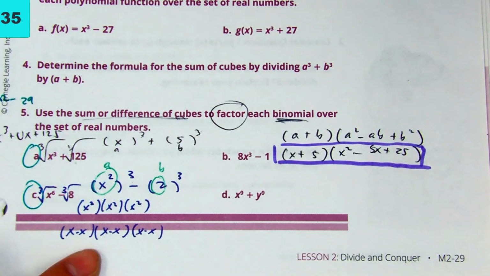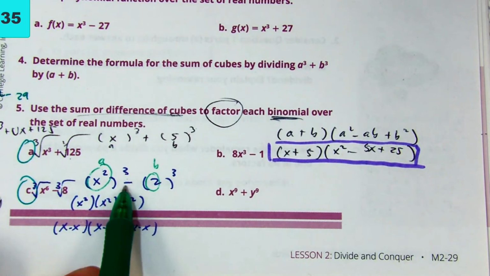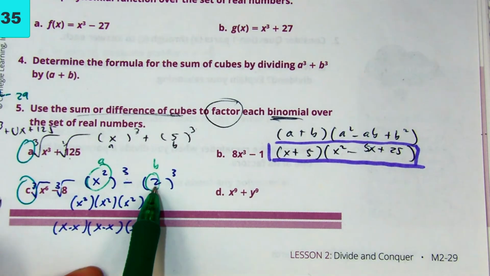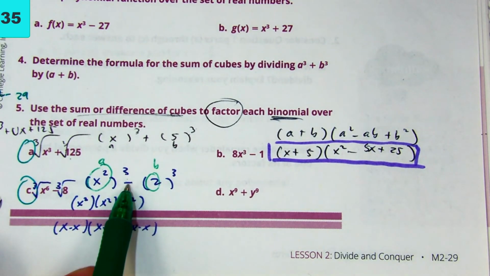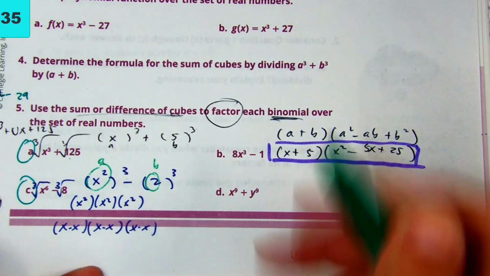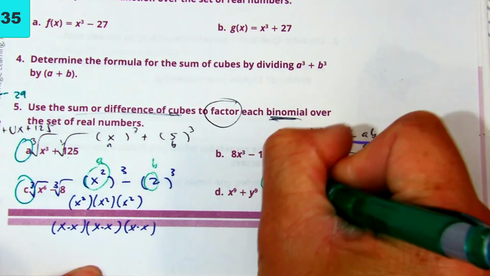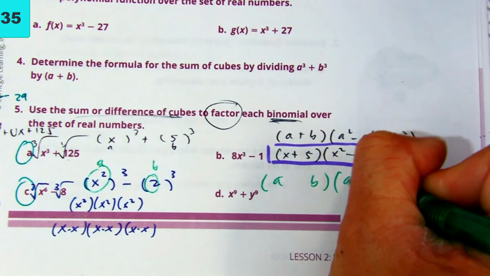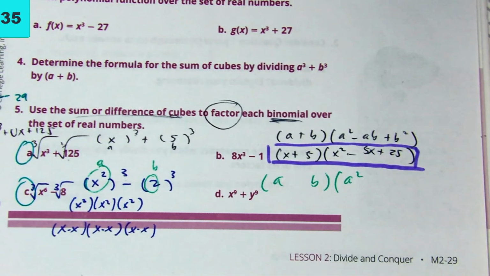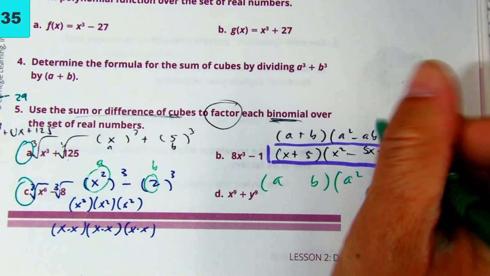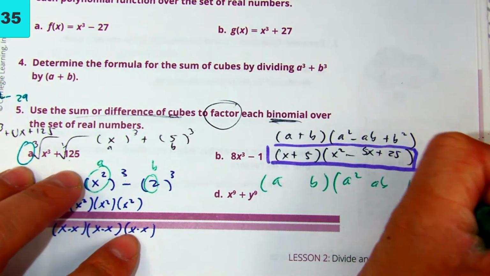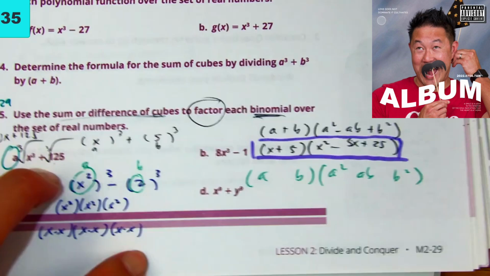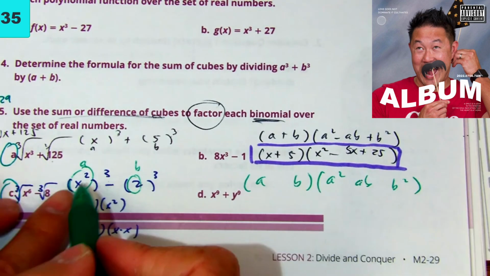Now, in this problem, the negative sign is not negative 2. This here is just telling you how to do the SOAP. Let's fill it out. And this one I'm going to take a little bit longer to do because you have the x squared.